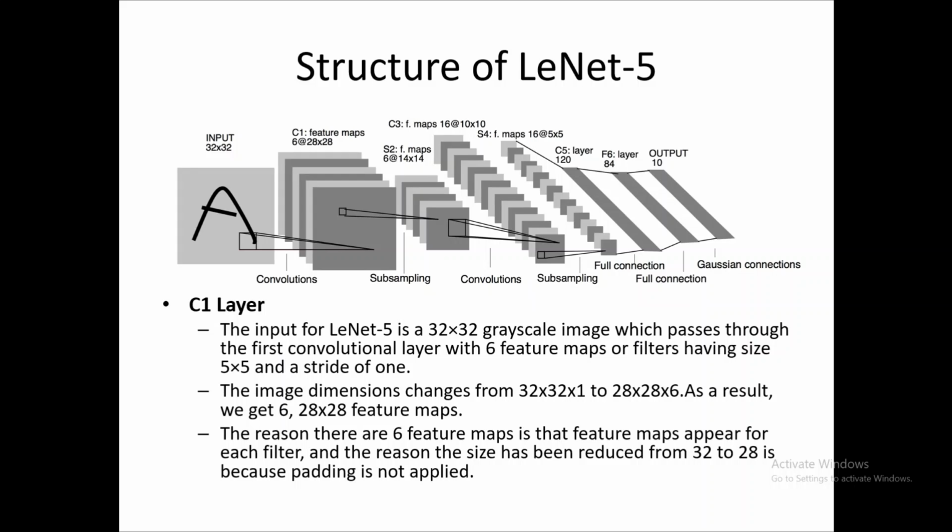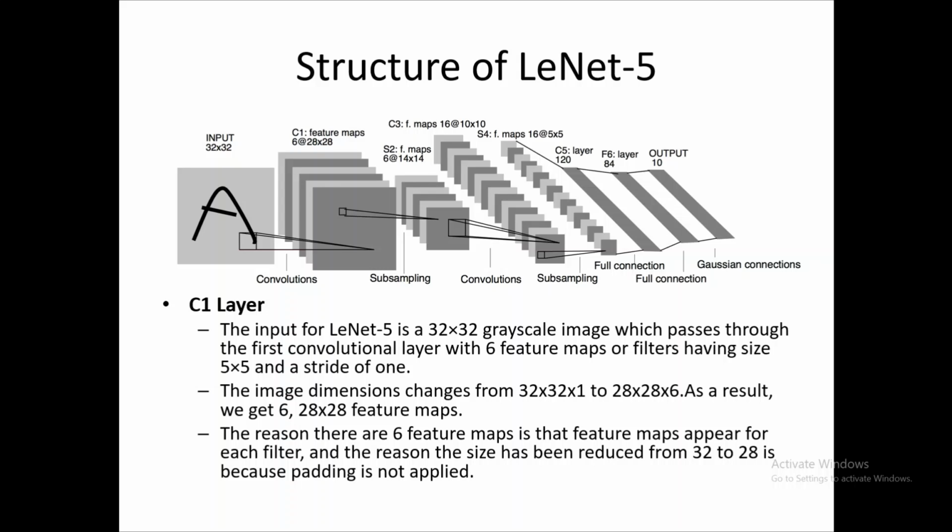If we look at the first layer, the C1 layer, the input for LeNet-5 is a 32 by 32 grayscale image, and it passes through the first convolution layer with 6 feature maps or filters of size 5 by 5 and stride of 1. So the image dimension changes from 32 by 32 by 1 to 28 by 28 by 6.